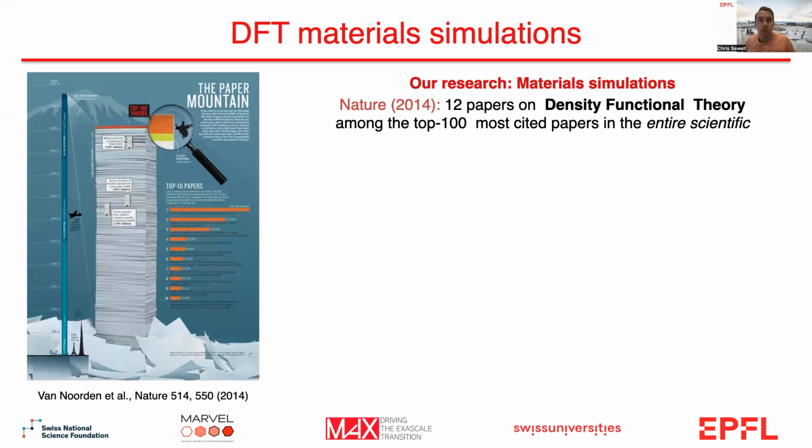So what is the problem we are trying to address here? Well, the prediction of materials properties, in particular using density functional theory, has really grown of interest over the years.